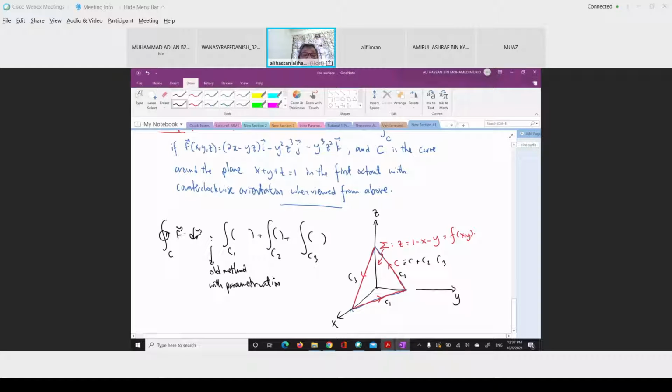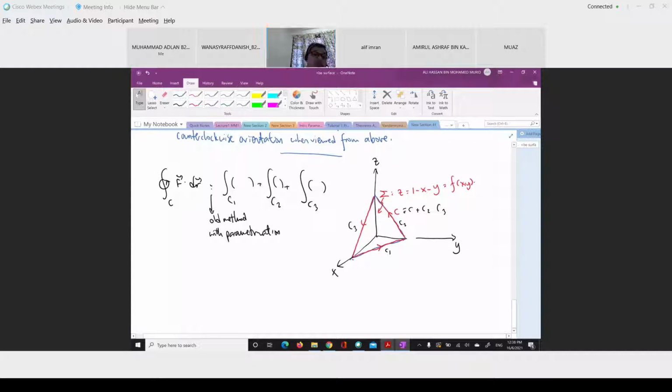So one way is to use the Stokes theorem. By Stokes theorem, this integral is equal to the surface integral over the surface sigma of the curl of F, which is also represented by del cross F, dot dS.